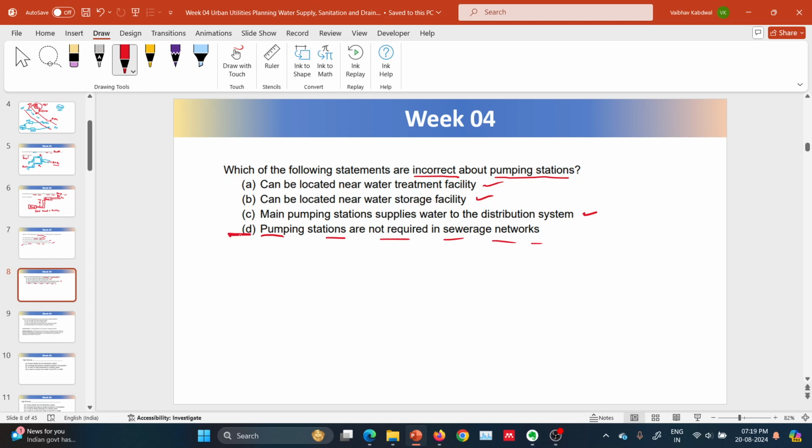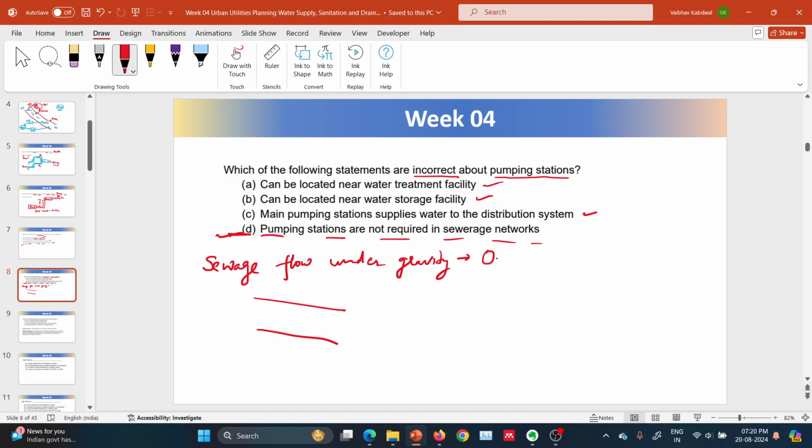This is incorrect here because in general what we study, sewage flows under gravity. You might have studied. That is correct, because we provide it as open channel flow.